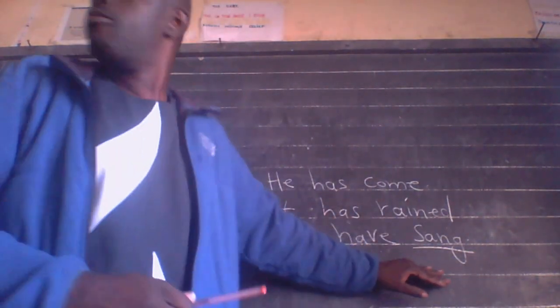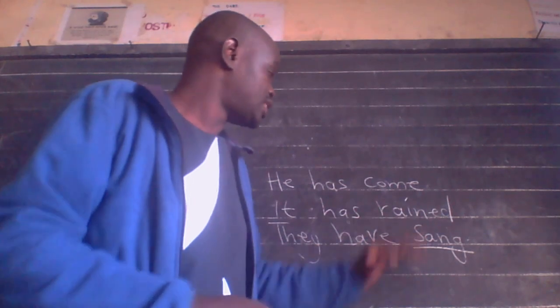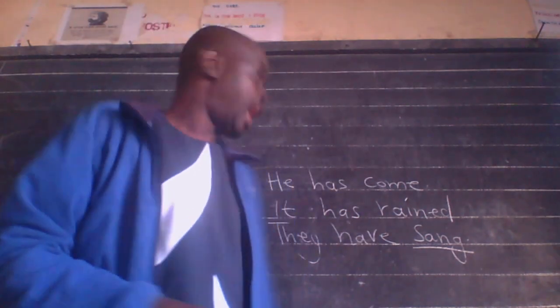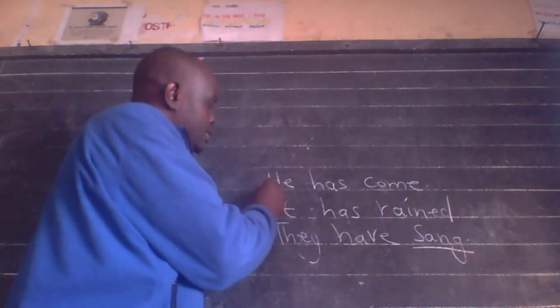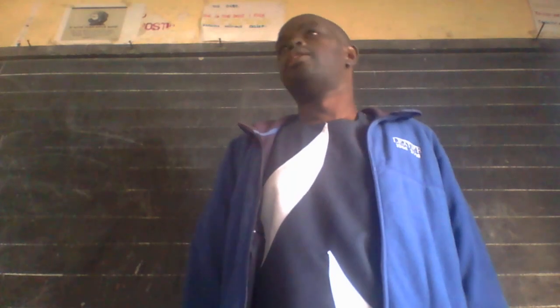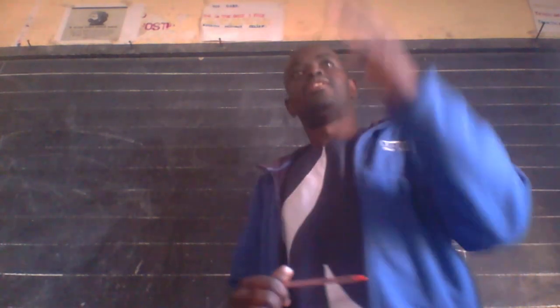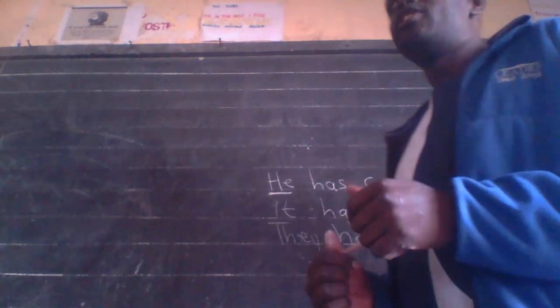Let's derive a formula out of this, a formula for getting the present perfect tense. Now, which part of speech is this? Yes, Susan? Good. Another person? You say pronoun, personal pronoun, good. John, pronoun, good.